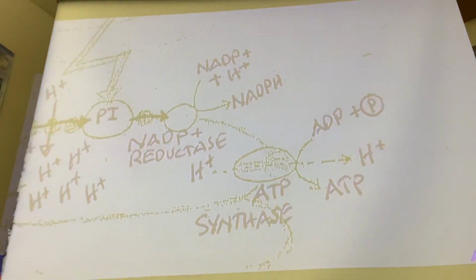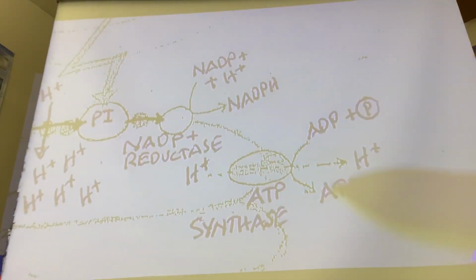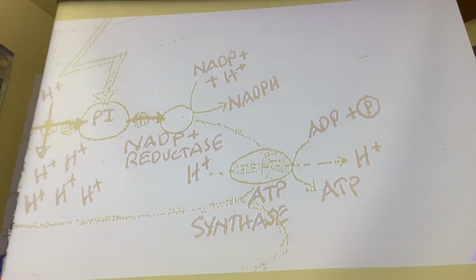So I've essentially taken my NADP plus molecule, slapped an electron on it, slapped a proton on it, and put an electron into that. All right, so I got NADPH. Now my NADPH and my ATP are going to be used in the Calvin cycle, right, to help make my triose phosphate, which will end up being glucose.